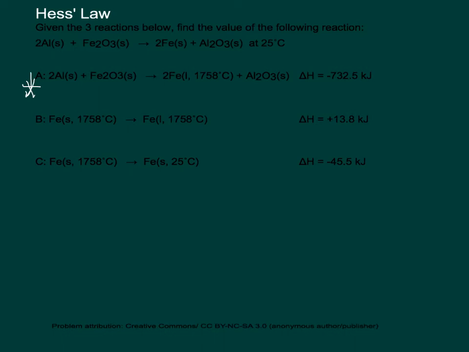So if we look at C, that one is actually pretty set as well, except for one thing. Right now we have one Fe solid at 25 degrees Celsius and one Fe solid at 1758. So I need 2 of the Fe solid. So what I'm going to have to do is take this reaction and write it as 2 Fe solid at 1758 degrees Celsius going to 2 Fe solid at 25 degrees Celsius.